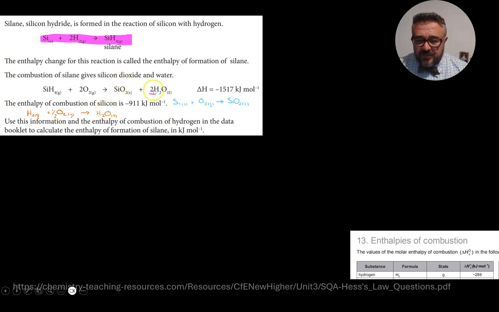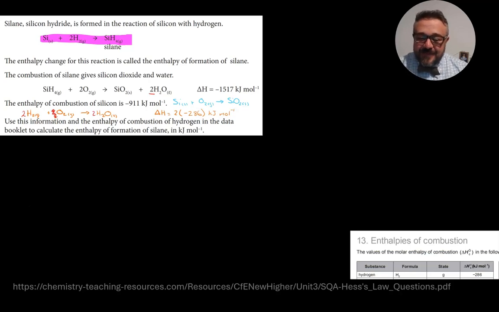We'll note there's a 2 there, so we're going to have to double it. We double that because it was half, so that goes up to regular oxygen, 2 hydrogens, 2 waters, and we start to see that matches up with the 2 hydrogens up there. And the value there is 2 times minus 286. It's really fun.